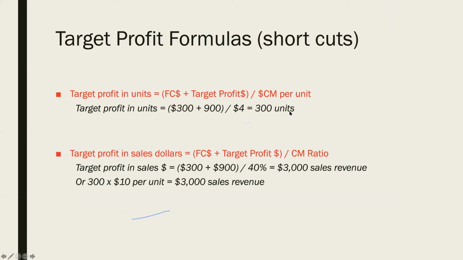Yes, ma'am. And then to get the sales dollars, there's a couple of ways you can do it. Take the fixed cost plus the target profit, which would be that 1,200 again, and this time divide by the CM ratio, 40%, because that's fixed, percent of sales. And that'll give you the sales revenue. Or the way I like to do it is you take the 300 that you got up above times the price, that gives you the sales.